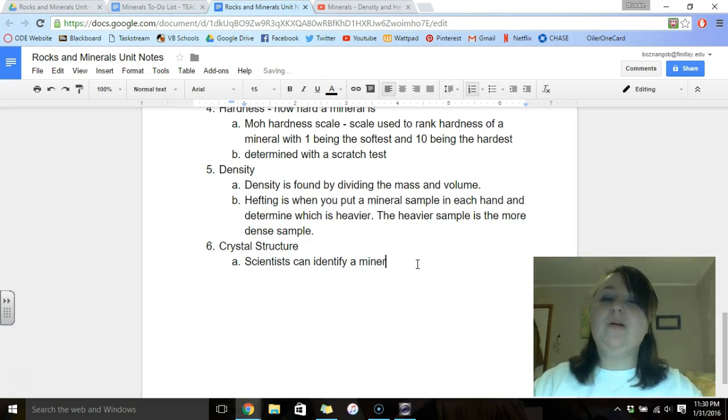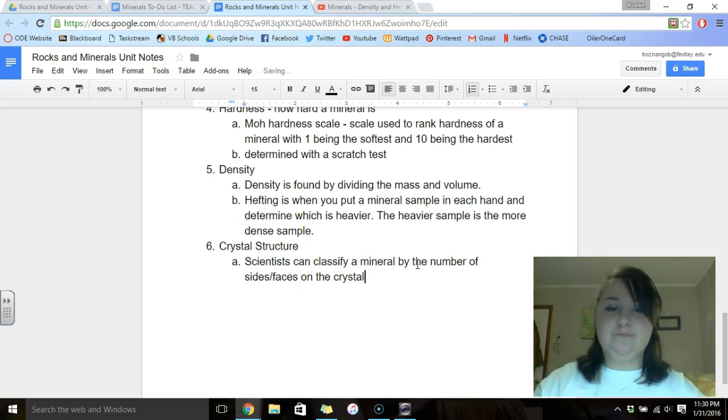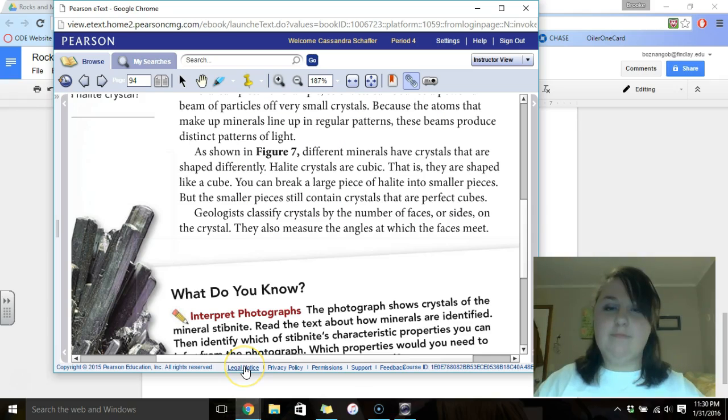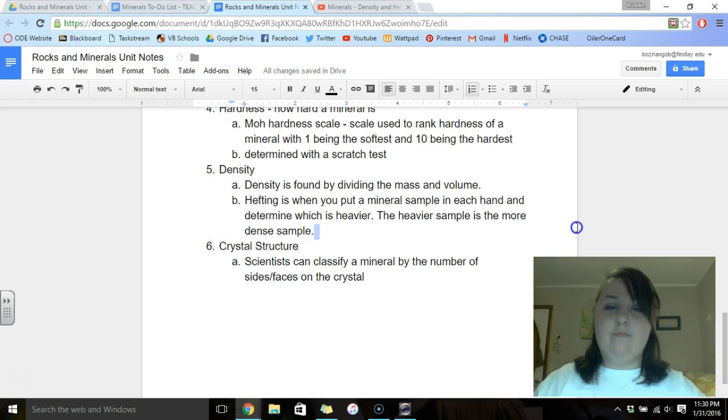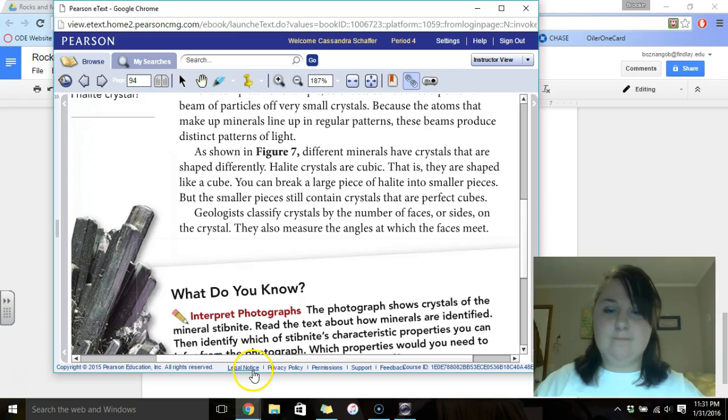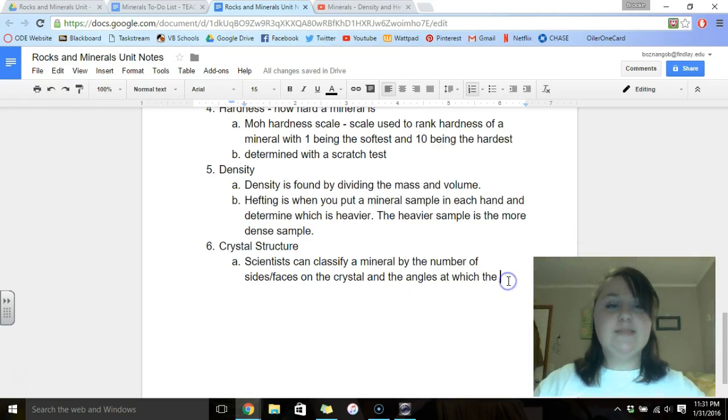But we'll put classify instead of identify. Classify a mineral by the number of sides or faces on the crystal and the angles at which the faces meet.